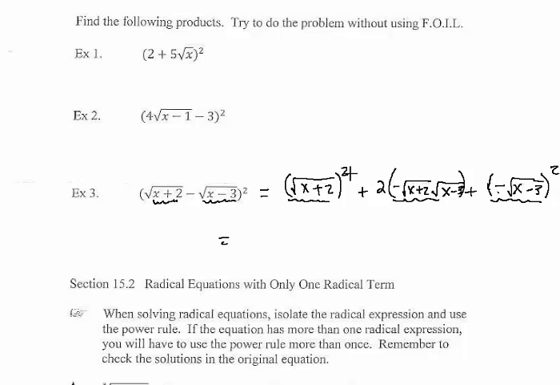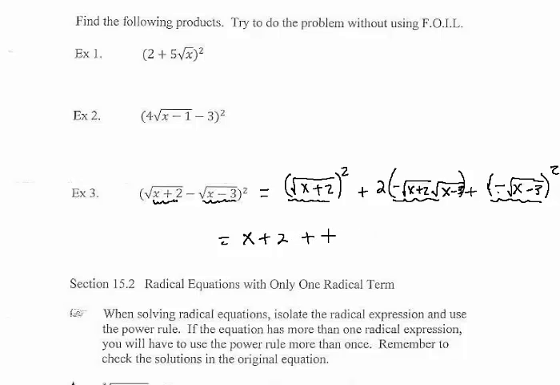Now for the first and the last term, we have a square and a square root. So they knock each other out, and we can just take the inside of the square root and write it out. X plus 2.